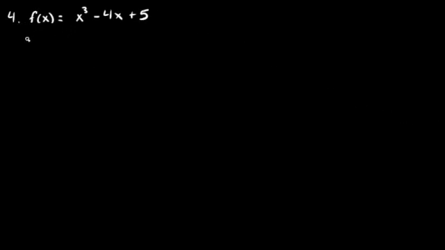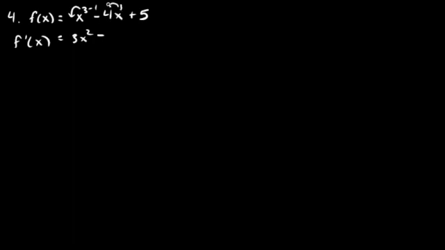So let's look at an example. We have to find the derivative of f of x equals x cubed minus 4x plus 5. And so in this scenario, we have to individually find the derivative. So for x cubed, you would bring down the 3 and subtract by 1. So we'd get 3x squared. For just minus 4x, we will bring down the 1.